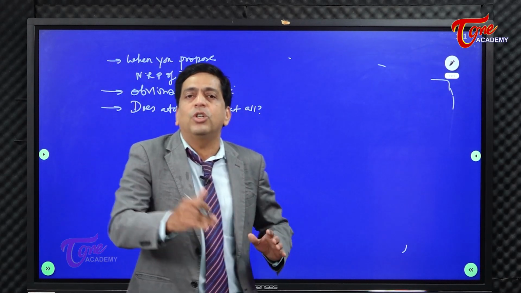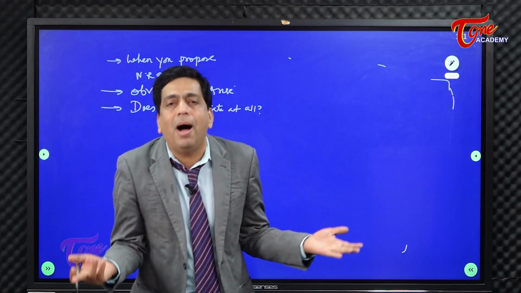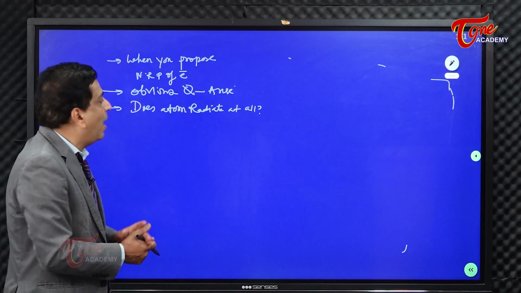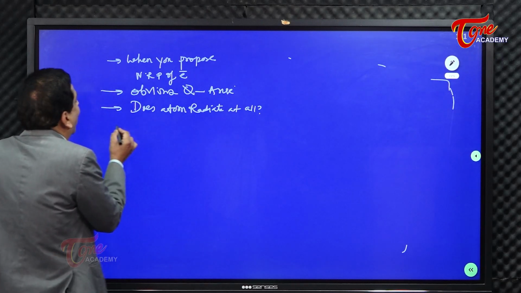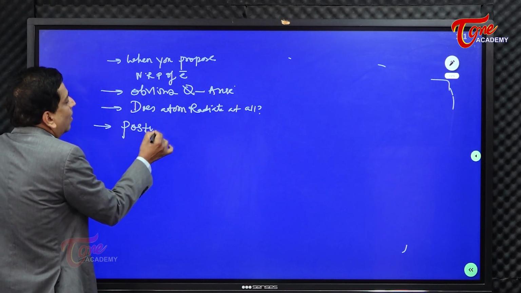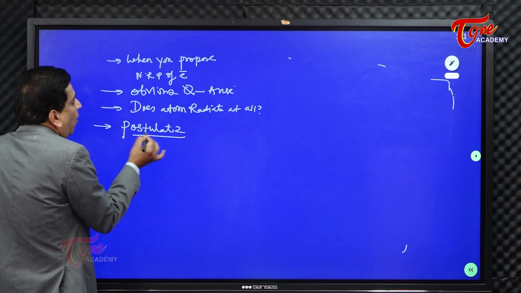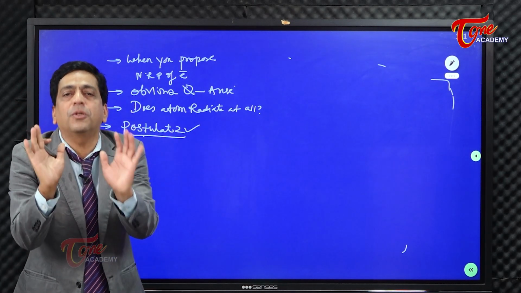Now, the only thing is you need to explain. Why do you need to explain? Because you proposed non-radiating path. When you propose non-radiating path, then naturally you need to explain this. So how do you explain? I go for postulate number 2. Now in postulate 2, what are you going to explain?